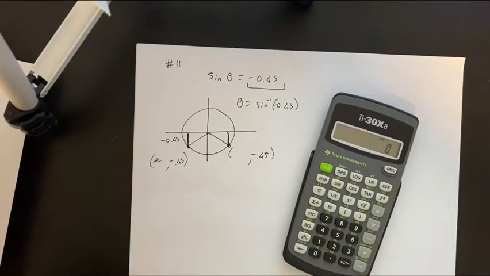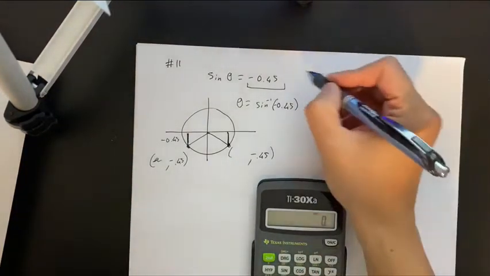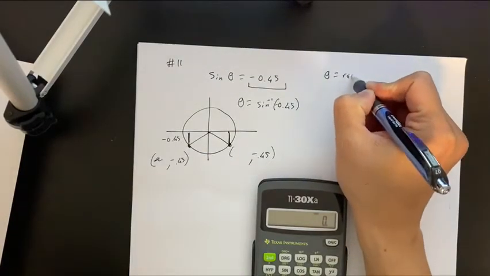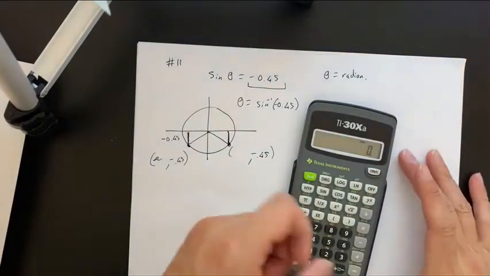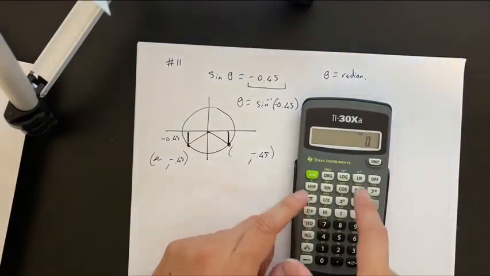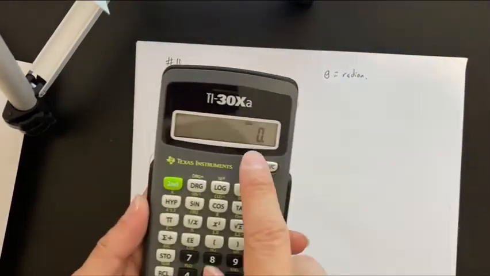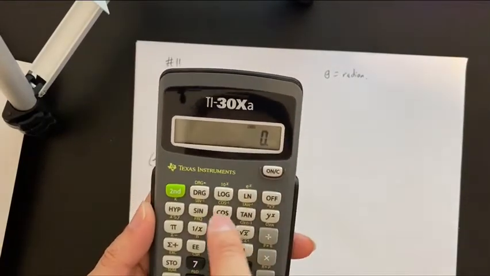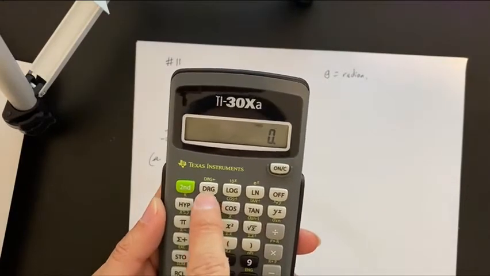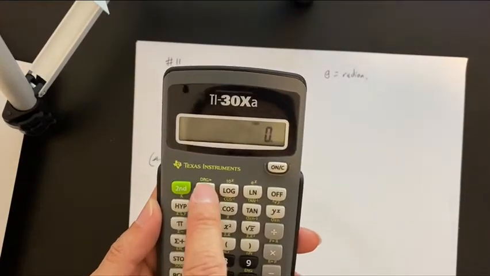Before I do that, let me just say that you want theta to be in radian, okay? So when I use my calculator, I want to make sure my unit is in radian. Right now it's in degree. So for my calculator, I have this little button right here that I'm going to press, DRG.